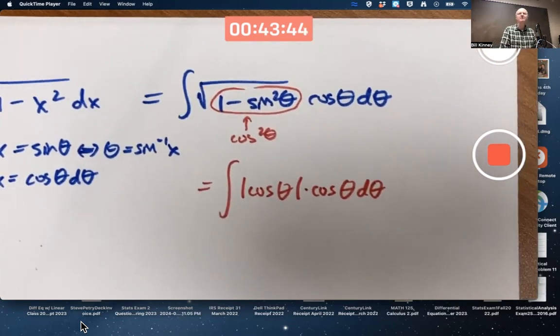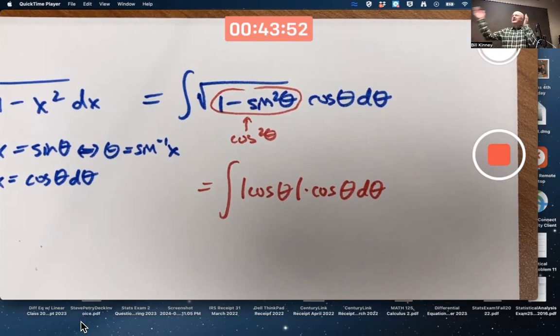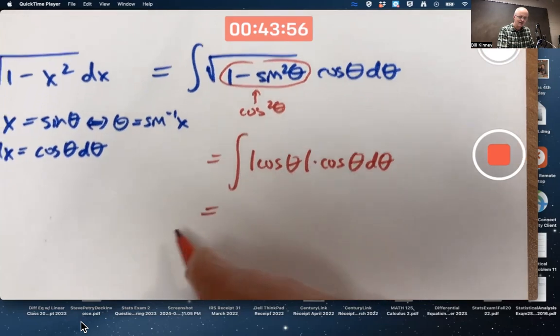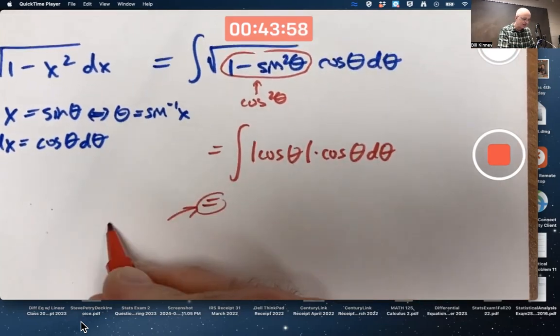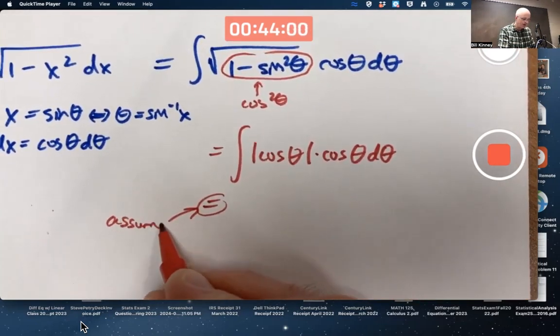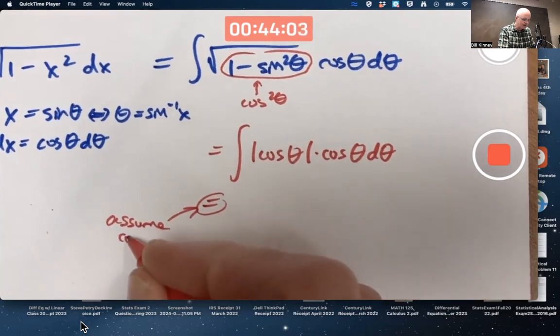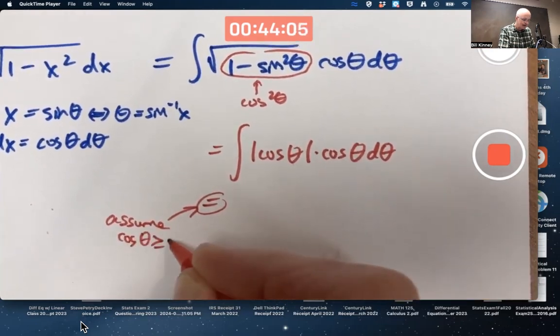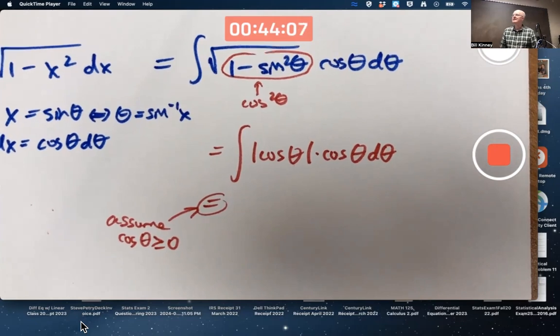But if we assume, hoping this assumption is okay, that cosine of theta is greater than or equal to 0, then we can get rid of the absolute value signs. So let's go ahead and make that assumption. You might wonder, is that valid to do? Well, it's a situation where the ends justify the means. You get the right answer. So don't worry about it.